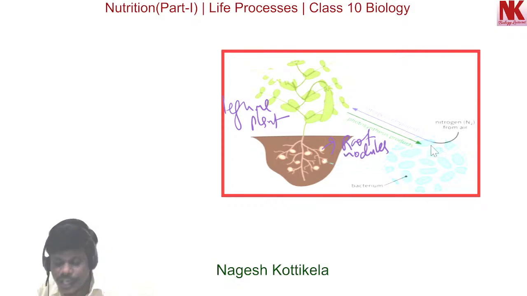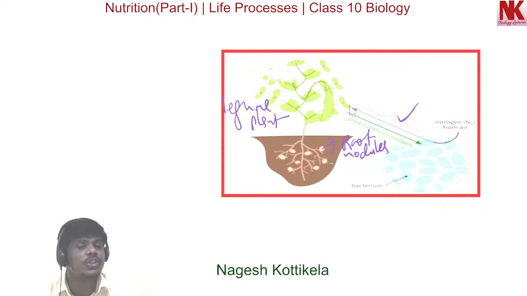So you can see nitrogenous compounds are provided to the plant by the bacteria which is living inside the root nodule. And here the photosynthetic products of the plant are utilized by the bacteria. So both are living together and mutually benefited. This is what we call symbiotic association.